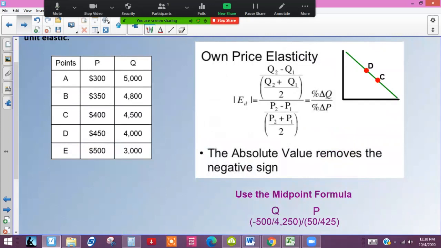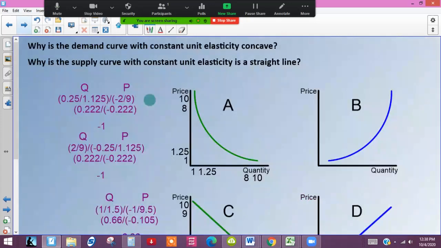Okay, moving on. This one I might take a little bit of time with. You're not going to have to do the math that I'm showing you again on the quiz for this one, but I want you to really understand why what is true here is true.